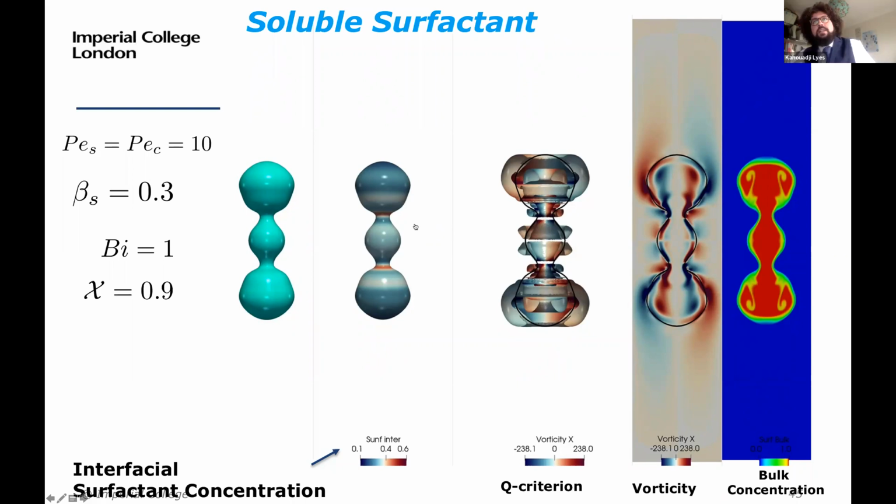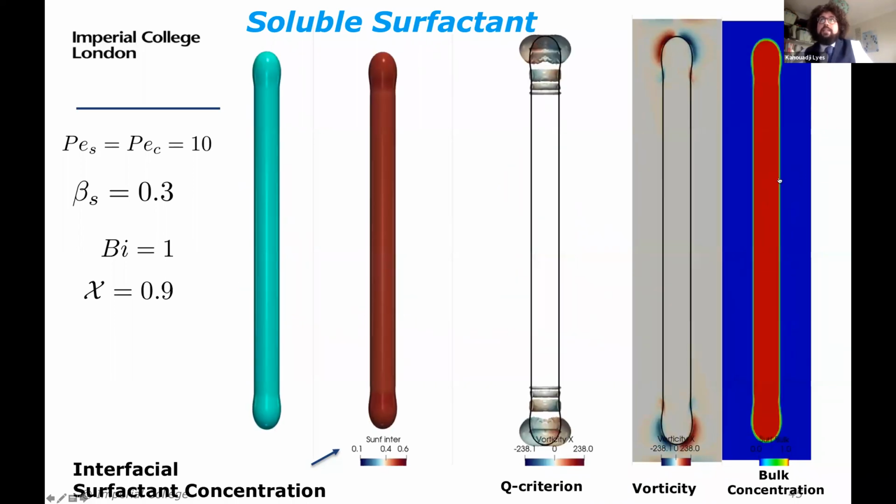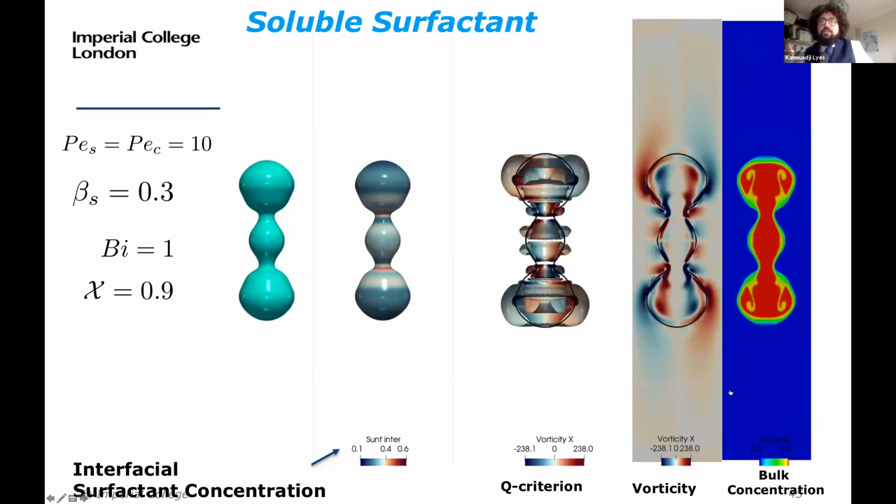So it will avoid this type of pinch-off. And of course, I also provided the concentration inside the bulk of the ligament. So it retracts with the interface, and you have really nice mushroom structures when it retracts.